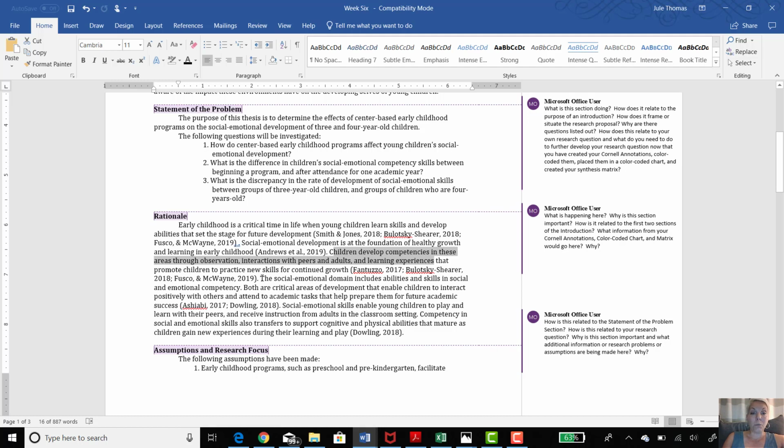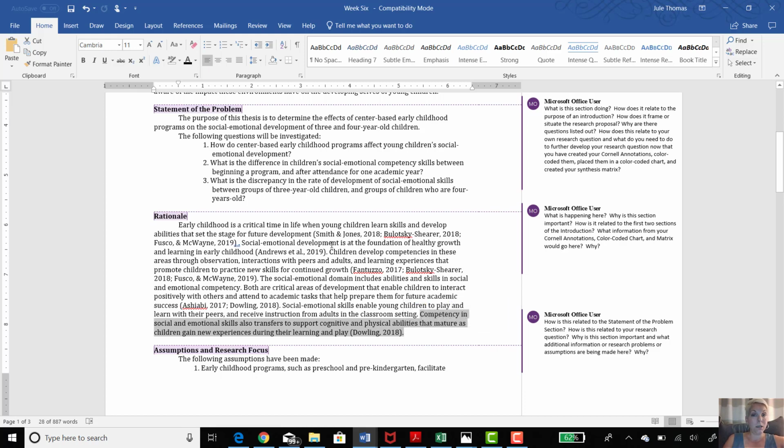And then it goes into a little bit more about what social emotional development skills and social emotional competency are. Then it talks about some more examples of what it is, the ability to learn and play with their peers. And then it talks about how this type of competency is able to support and transfer between their learning in early childhood and beyond.